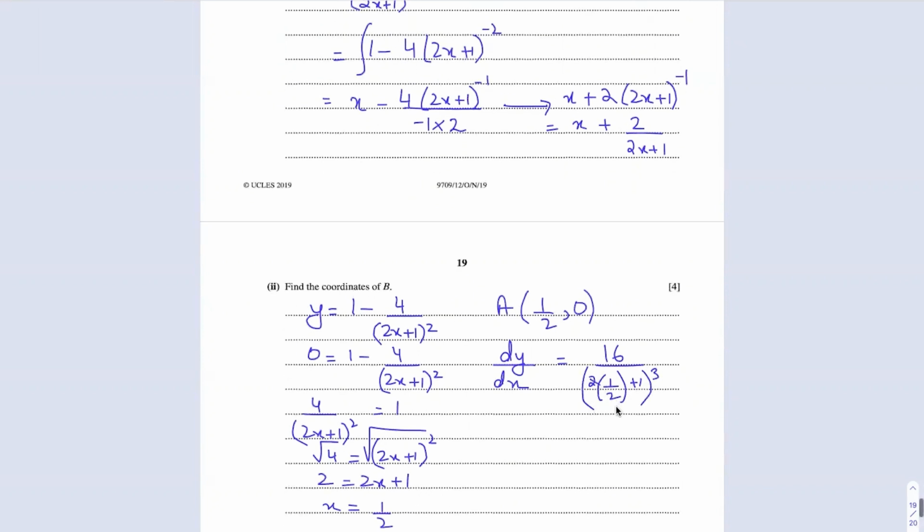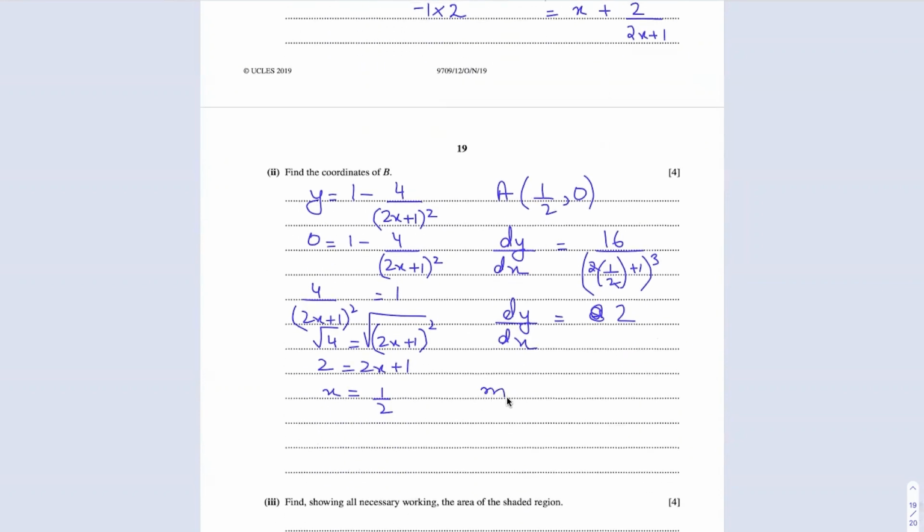So 2 and half will make it 1, so 1 plus 1 is 2. So 16 divided by 8 is 2. So the gradient of the tangent at A is 2. The gradient of the normal will be minus 1 upon 2, the negative reciprocal.